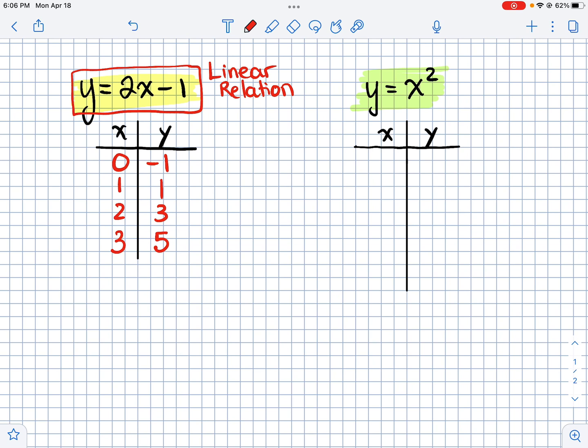We call this type of equation degree 1. The highest exponent on the x variable is a 1. There's no squared or cubed or anything.